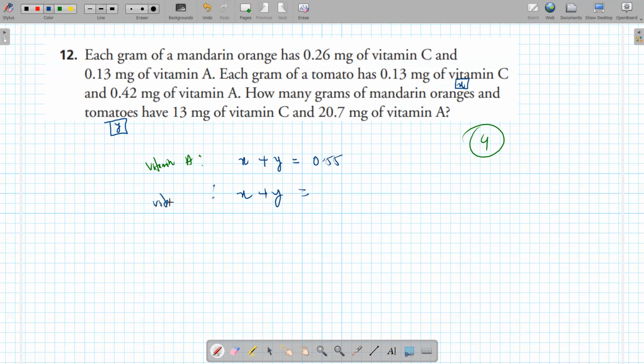That'll be for vitamin C. Again, 1 gram of orange plus 1 gram of tomato has 0.13 plus 0.42 of vitamin C, right? It'll be 0.55 as well. Actually, what was the vitamin C? This should have been 13 plus 26. That should have been 0.36. Cool?